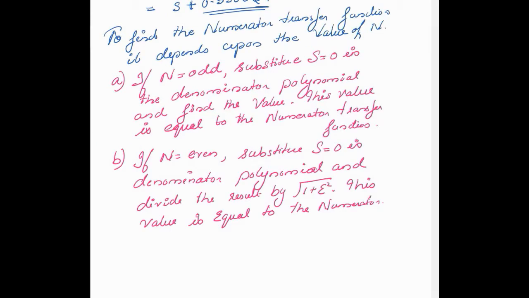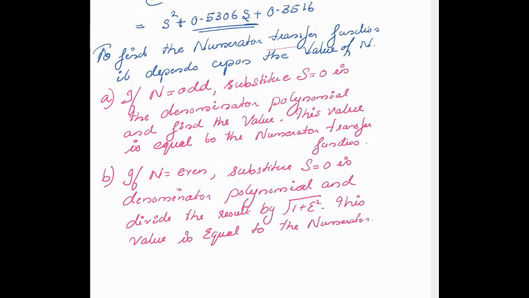If the value of n, that means the order of the filter, is odd, you have to substitute s is equal to 0 in the denominator polynomial, and the value that you get will be your numerator.